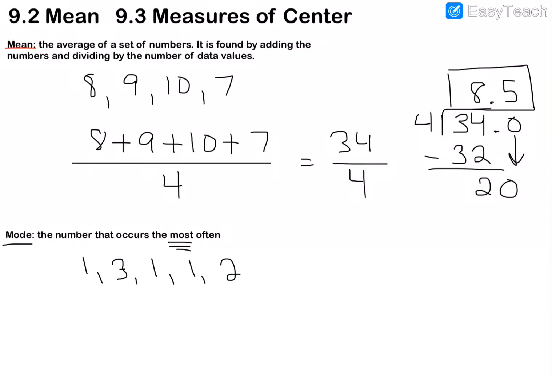So for this particular example, the mode is 1 because it occurs 3 times. Now if you have a data set that doesn't have any repeating numbers, the mode would just be 0. Okay? It has to be a number that's in that set more than once. But if there are no repeating numbers, then your mode would just be 0.